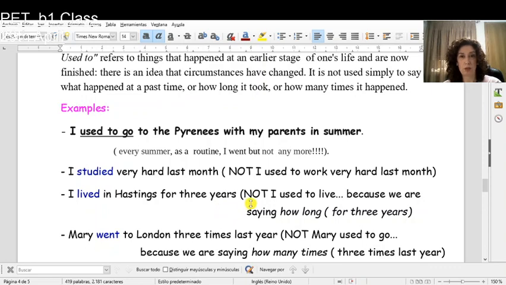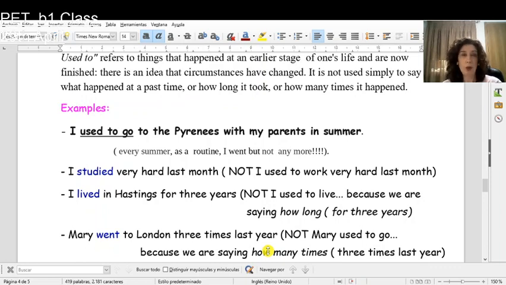Not a routine. You are saying the period of time that you did it. Mary went to London 3 times last year. Well, 3 times last year, but it wasn't a routine, so you cannot use used to plus infinitive. You understand? There is a minimum difference.